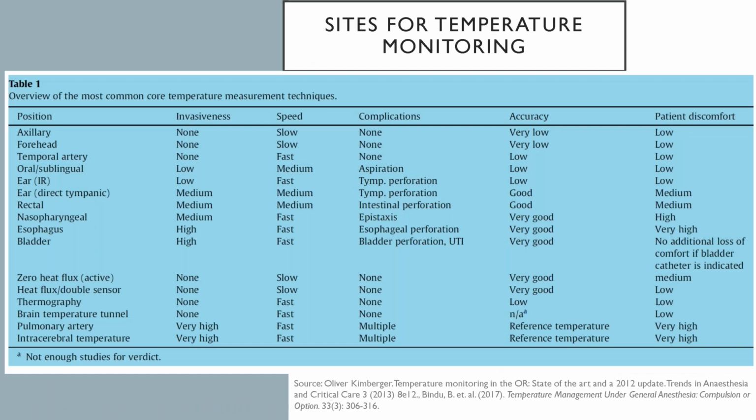If you look at the accuracy, for any of these methods it only starts to get very good when you get to nasopharyngeal, esophageal, bladder, etc. So with all of the other ones, you're just making assumptions and guesstimates about what it is that you're measuring at that particular site and extrapolating that to what may or may not be going on within the central core.